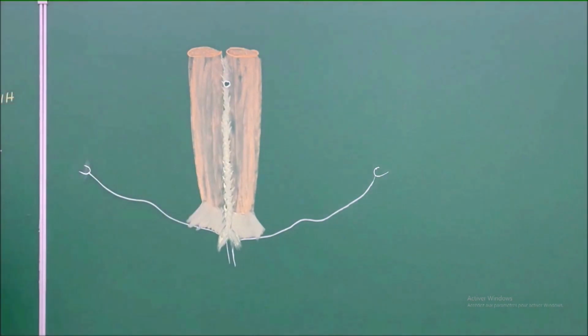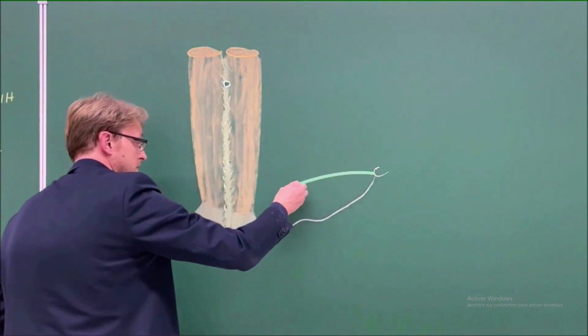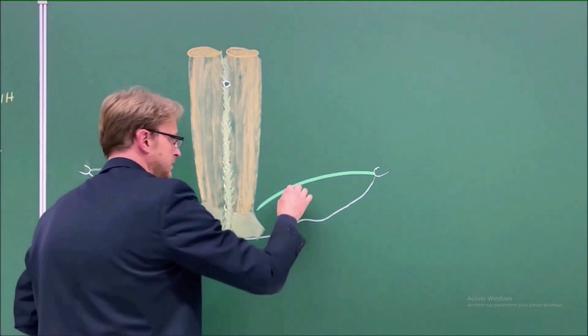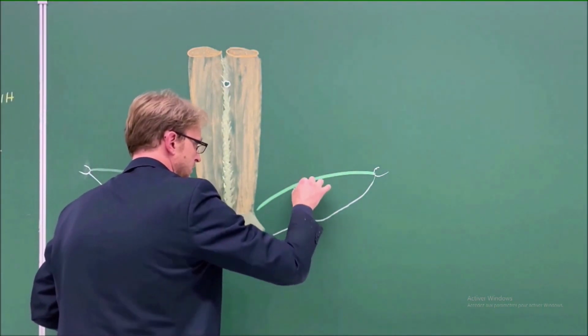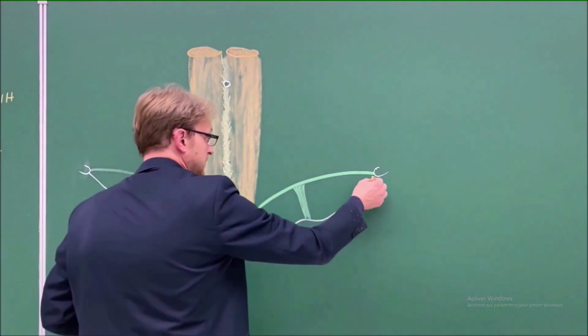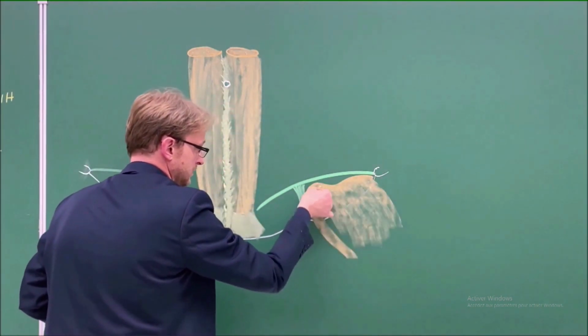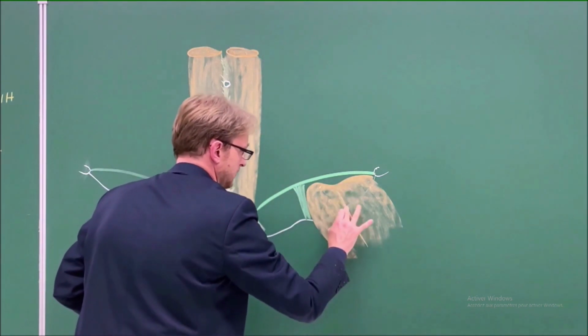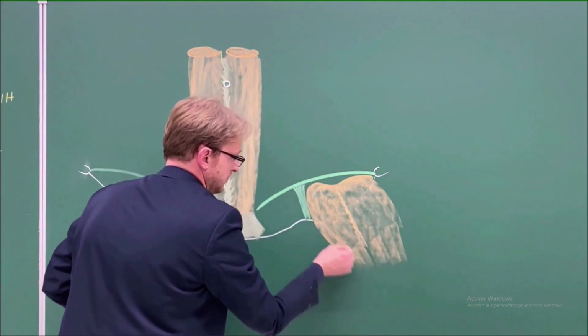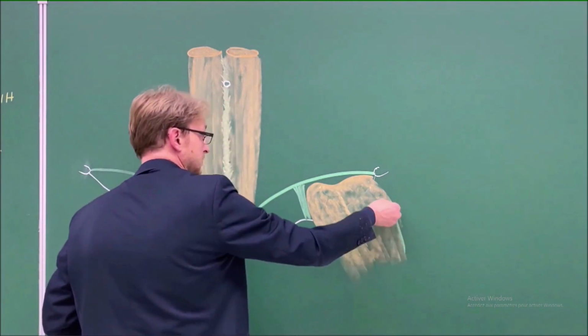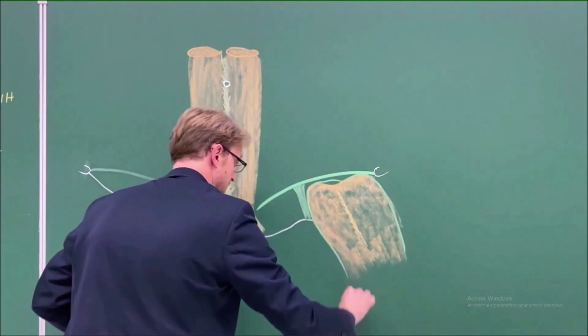The posterior edge of the inguinal ligament will be here, with the iliopectineal ligament, muscular lacuna, vascular lacuna. In the muscular lacuna, it is the psoas iliacus muscle, of course, which is surrounded by the fascia iliaca just here.